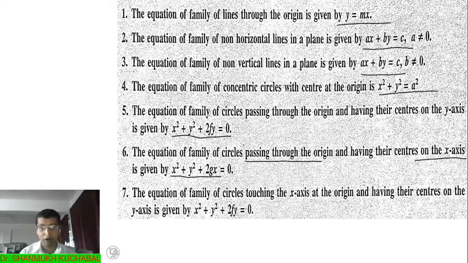Further, the equation of a family of circles touching the x-axis at the origin and center on the y-axis is given by x square plus y square plus 2fy equal to 0. The equation of a family of circles touching the y-axis at the origin having the center on the x-axis is x square plus y square plus 2gx equal to 0.